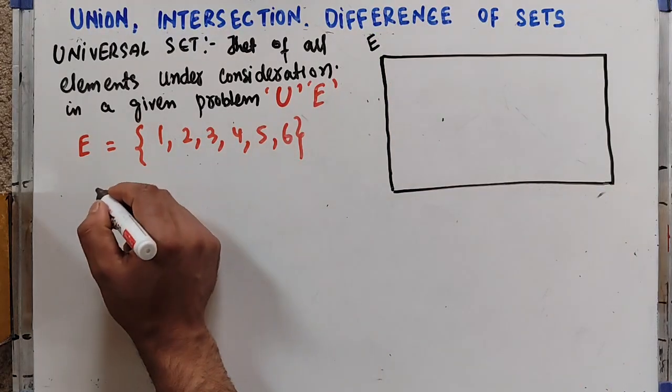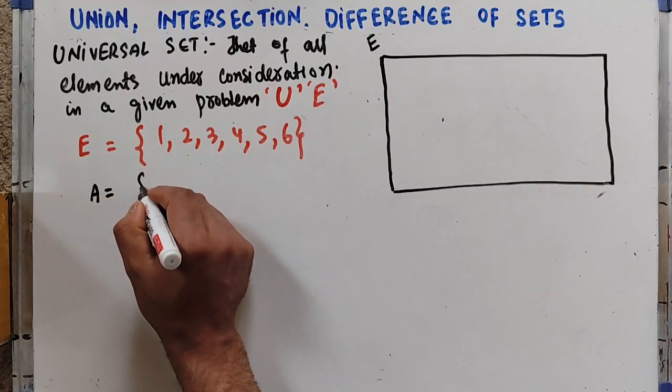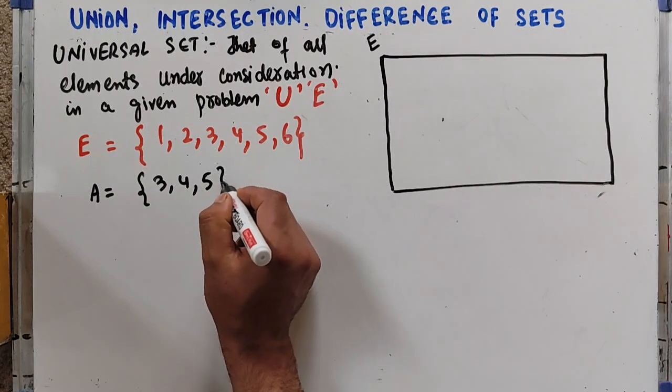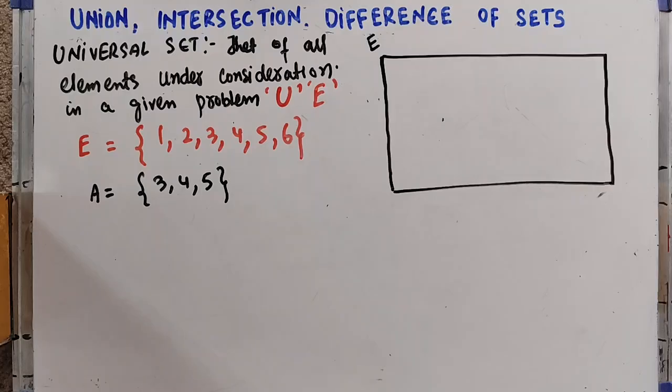And let's take another set. Let us suppose we have a set A which consists of elements 3, 4 and 5. Now we need to define what is meant by the complement of a set.